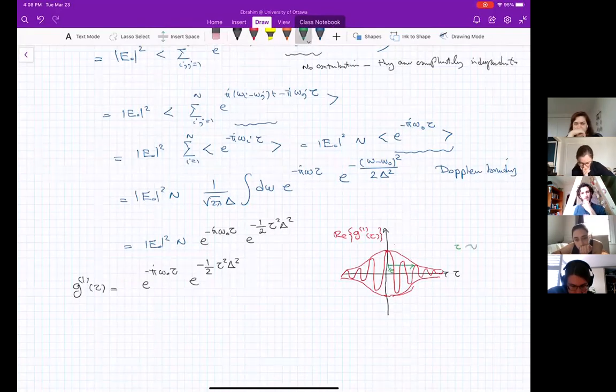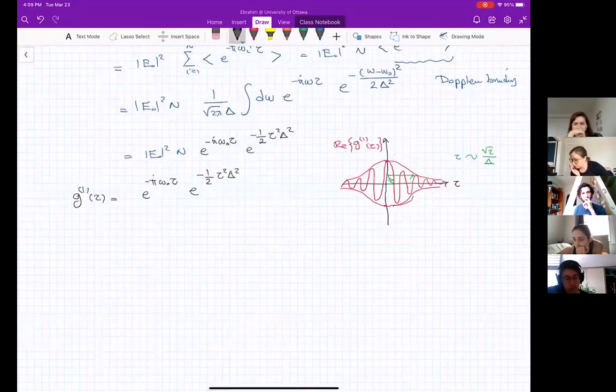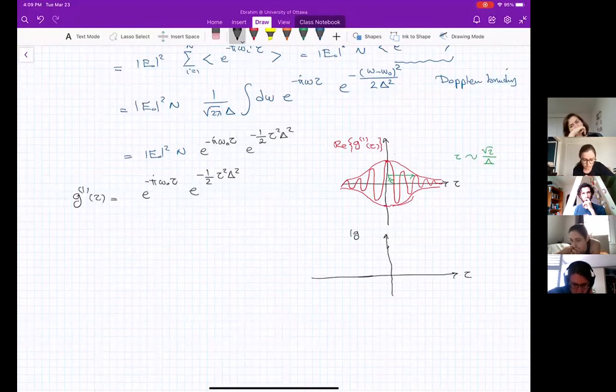Tau is square root of 2 over delta. Okay. And in some other books, you may see people look at only the absolute value of g1 of tau, and no surprise that the absolute value of g1 of tau will be a Gaussian. Okay.